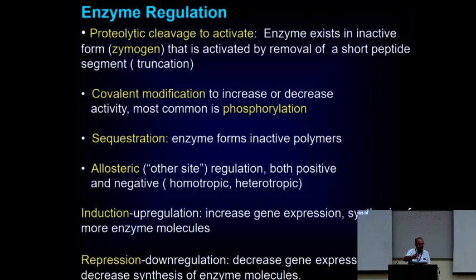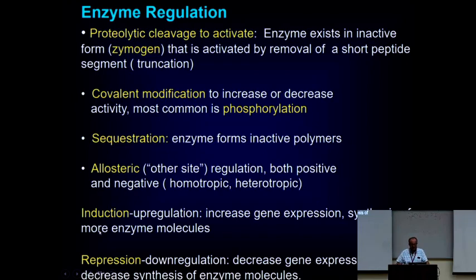So each cell will have 5 instead of 2. That's what you call upregulation or induction. You're not necessarily activating the enzyme, but you're providing the cell with more enzyme. That means there's an increase in overall enzyme activity. Okay? So this is very important.